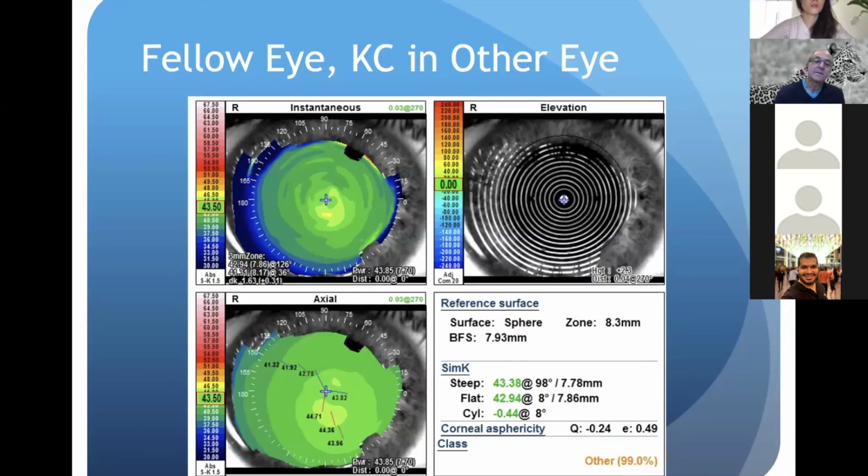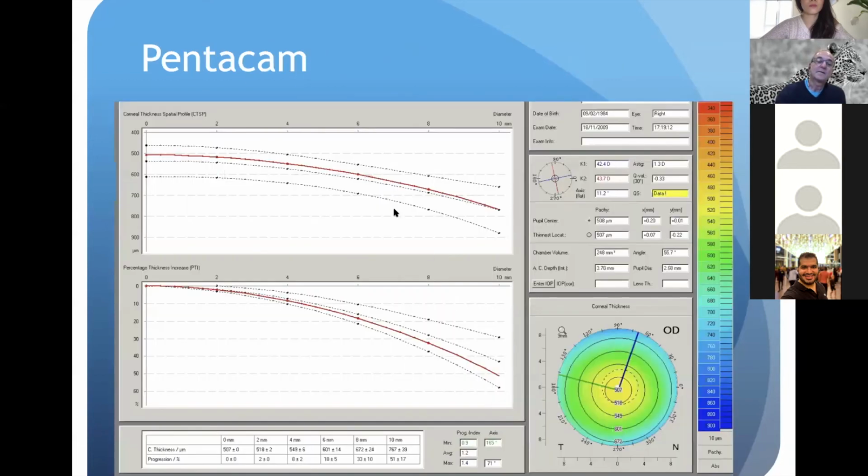So this is the other eye, fairly normal looking. And in fact, it was classified as normal. This is the representation on a Pentacam. We'll skip over this. We'll talk about it in more detail when we get to the lecture on tomography.